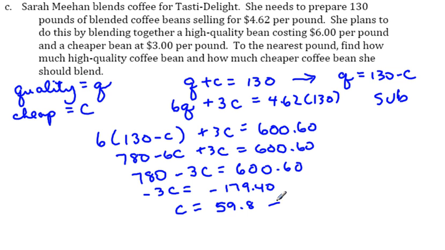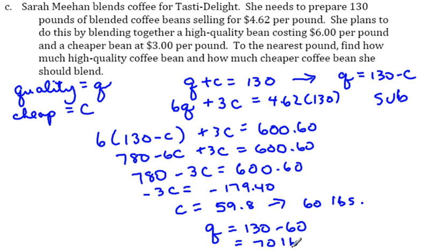Now they asked us to round to the nearest pound, so that's going to be 60 pounds. And now I know that I have 60 pounds of the cheap one, so I'm going to come back up and substitute into here. So I have Q equals 130 minus 60, which makes Q equal 70 pounds. So remember, answer the question.